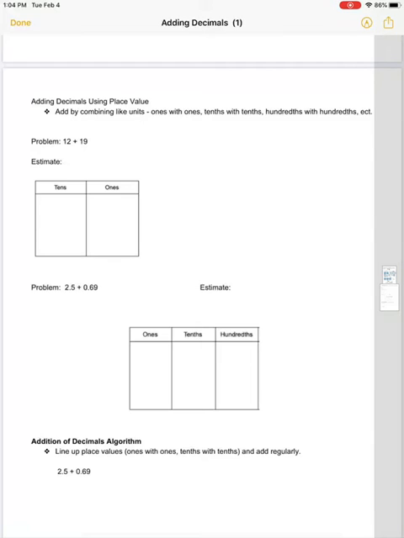So to get us thinking about a place value chart, to remind you from elementary, we're going to use a really easy problem, 12 plus 19. We should always estimate before we start, especially when we're dealing with decimals. So let's just refresh real quick. Let's say I asked you to round, for our estimate, to the nearest tens.